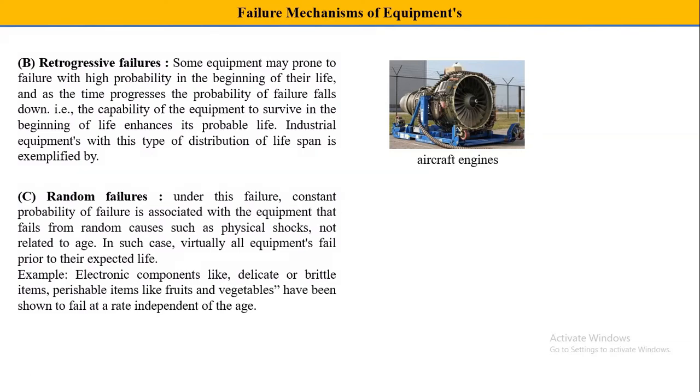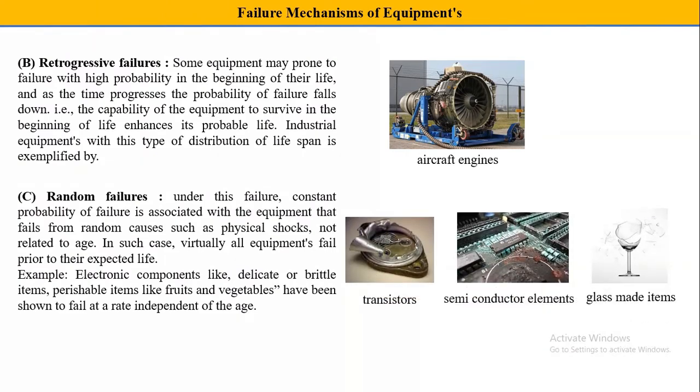For example, if we are using some TV or refrigerator, then it may have a huge age, but due to sudden shocks, sometimes voltage increases, the current has a fluctuation, so this kind of thing can break down our equipment. Examples are transistors, semiconductor elements, glass made items and etc.